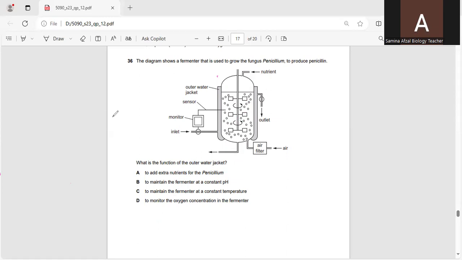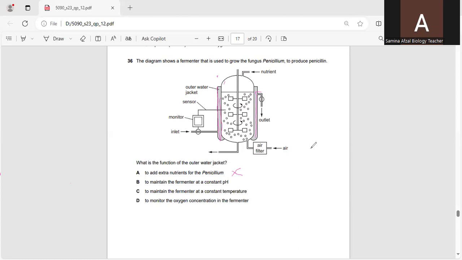Now 36. The diagram shows a fermenter that is used to grow the fungus penicillium to produce penicillin. What is the function of the outer water jacket? Okay, we have to find out. To add extra nutrients to the penicillium? No, outer jacket means something with temperature or protection.